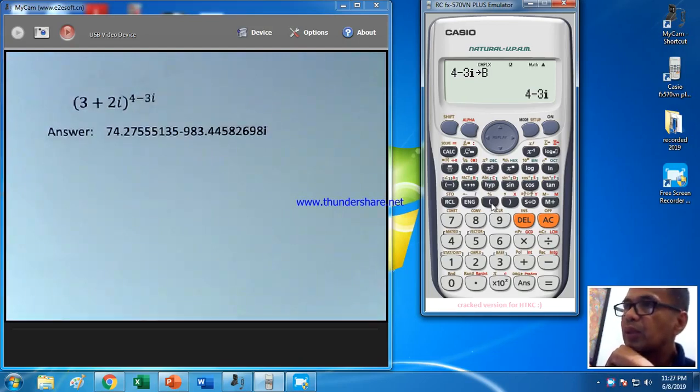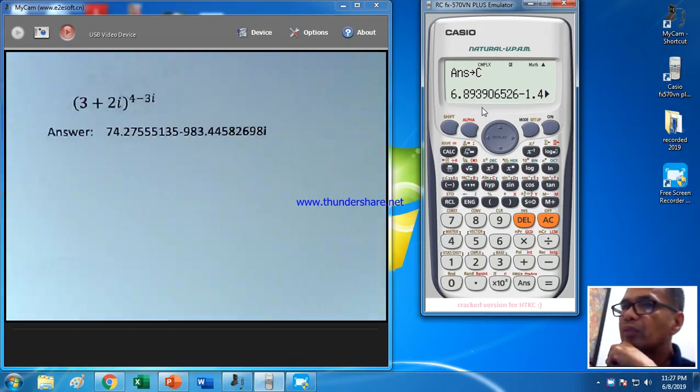Next step is multiply the absolute value of A, plus the argument, that's shift 1 argument of A, and then insert an i, multiply this by B, equals, and then store the result to C.